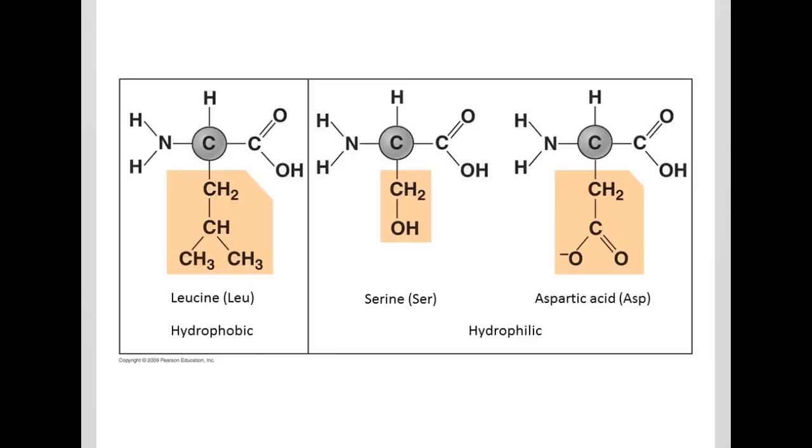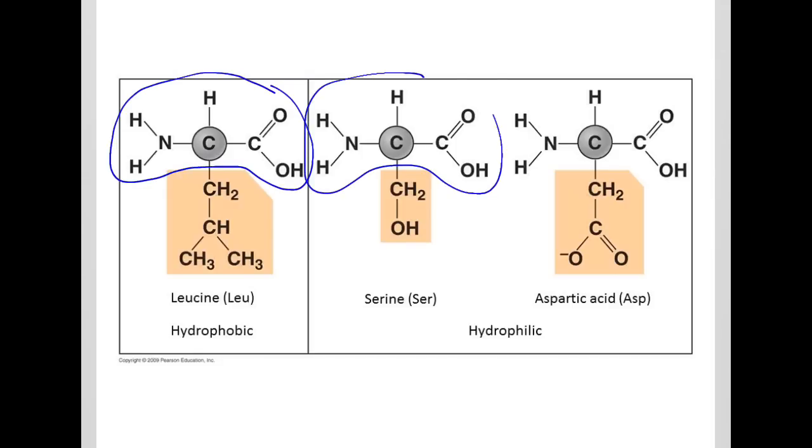Here's a picture of 3 different amino acids. Notice again that that basic structure is the same in all 3 of them, but that the R group is different. Here we have an R group with different branching, short R groups, other branching ones, but with a charge, okay?